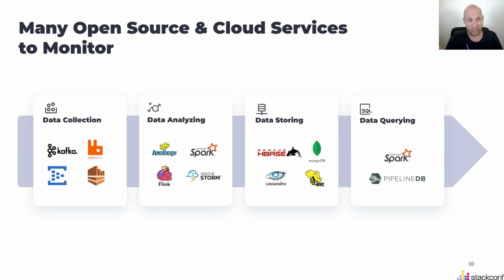For example, here on the screen you can see a typical data processing pipeline, and just see how many open source frameworks or cloud services are potentially involved in just running through that data processing pipeline. And that's just the data processing out of the entire system.